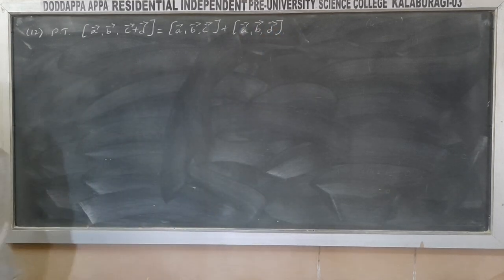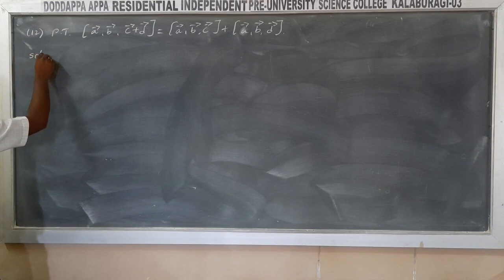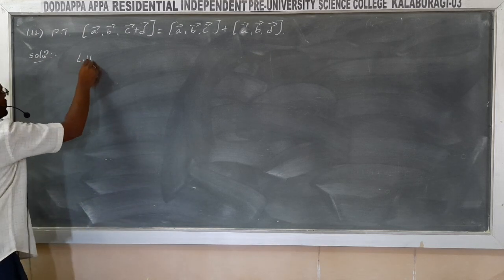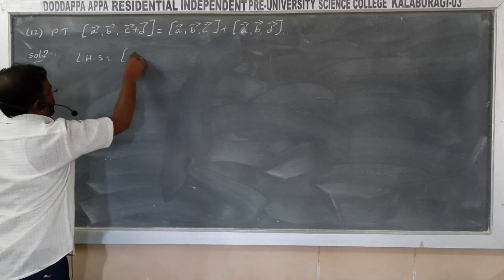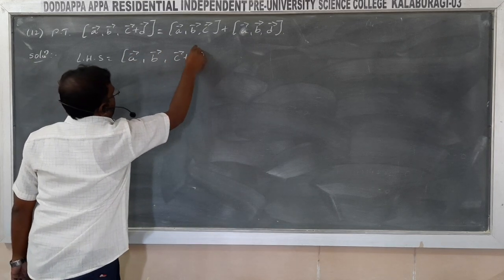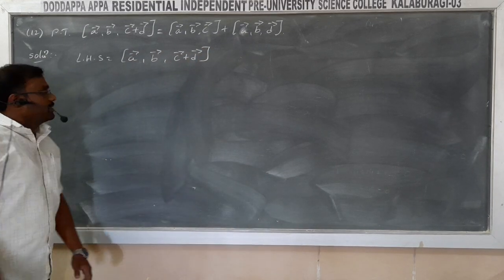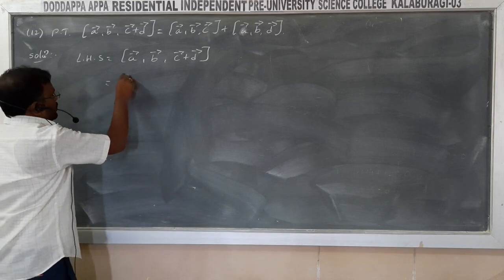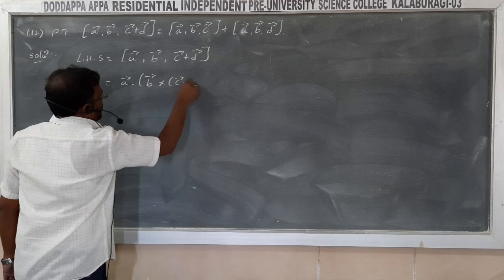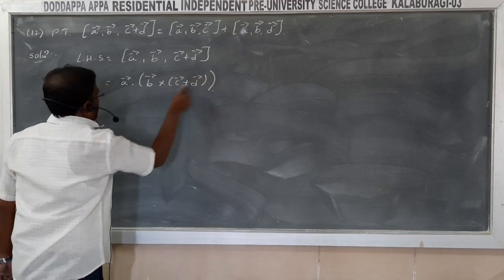Okay. So as usual method, first take the LHS value. LHS is equal to box of A, B, C plus D. This can be written as vector A dot vector B cross (C plus D).